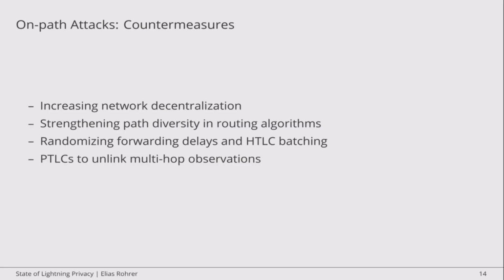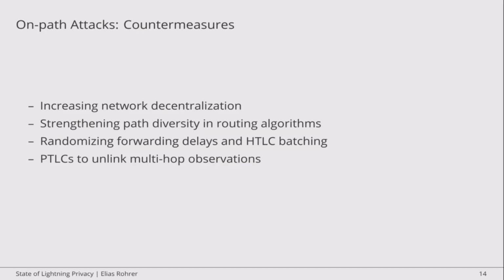So if we increase network decentralization, if we have more hubs, if the ecosystem grows, so to speak, it would mean that we probably not only see more payments and hence more noise, a bit like we discussed with the balance discovery attacks earlier, but it would also mean that we simply distribute our payment flows over more nodes, and each of them then has just partial access to less data. That would be a good idea to mitigate that.